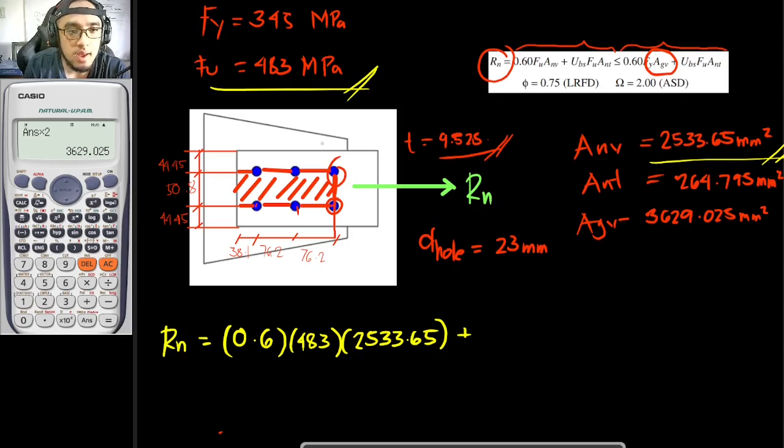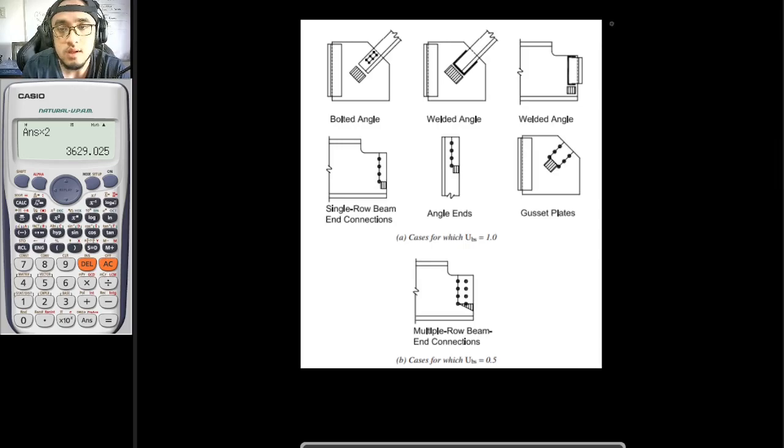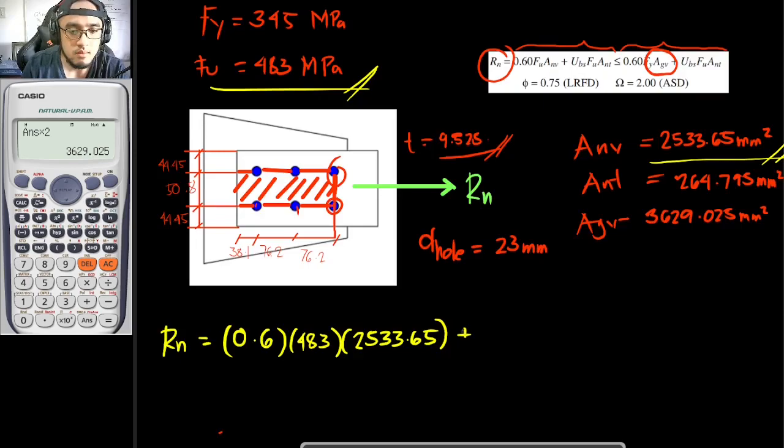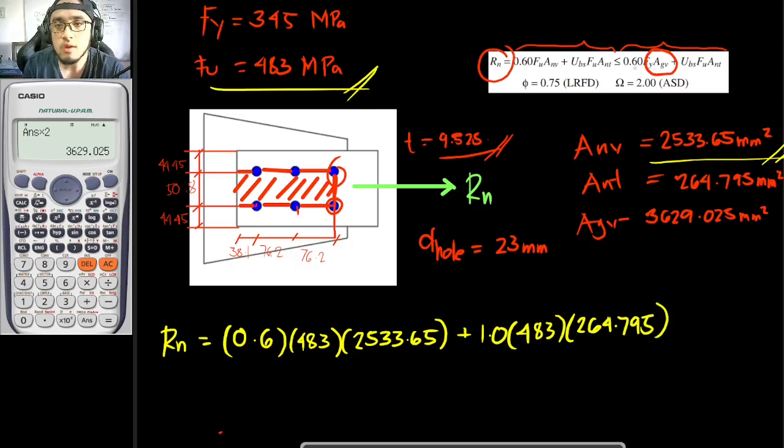plus UBS, and our UBS in this case is from this table from AISC. We would be using 1.0 since we are using a gusset plate here. So UBS 1.0. So plus 1.0 times FU of 483 times ANT of 264.795. Then we are to compare it with this value right here.